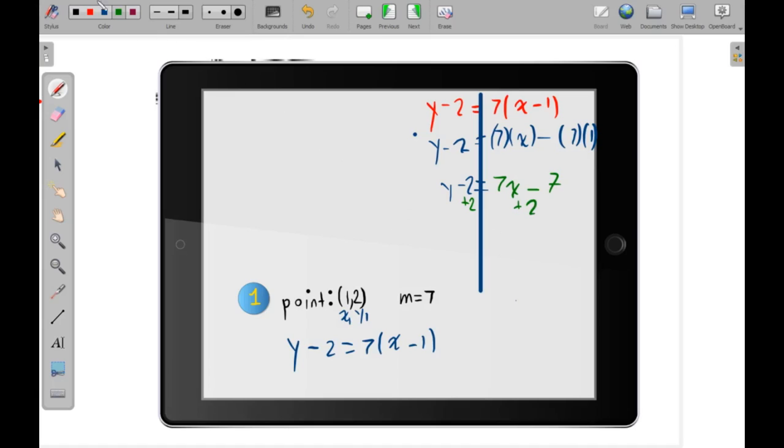And we can rewrite this as y minus 2 plus 2 is equal to 7x minus 7 plus 2. The minus 2 plus 2 are going to cancel out. And we have negative 7 plus 2, that's negative 5. You can see that with your calculator. So that leaves us with y is equal to 7x minus 5.